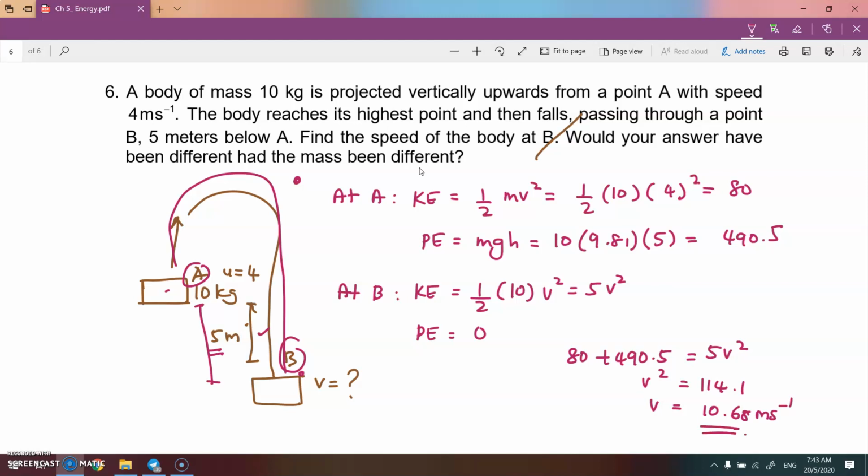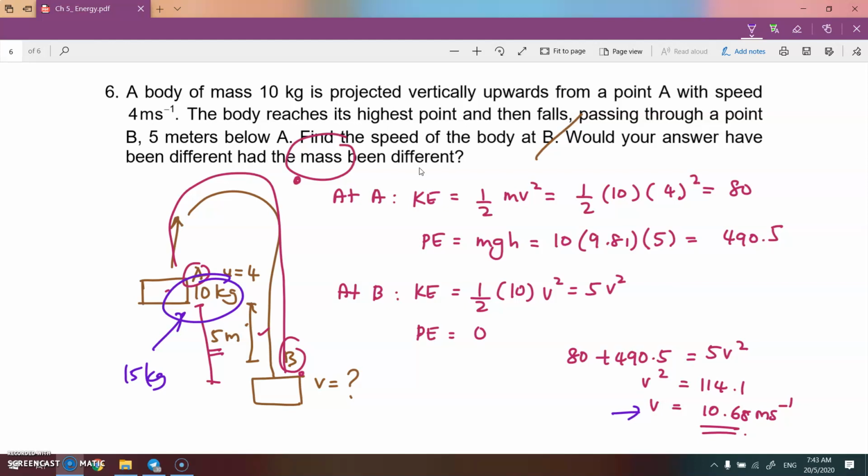Will your answer have been different had the mass been different? In this example it is 10 kilogram. If let's say we change this 10 kilogram to 15 kilogram, will your answer be different?